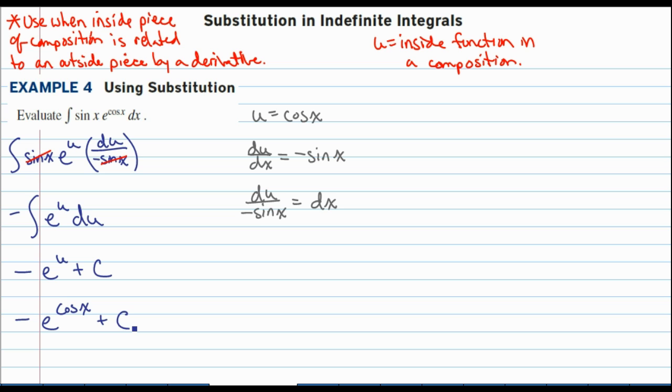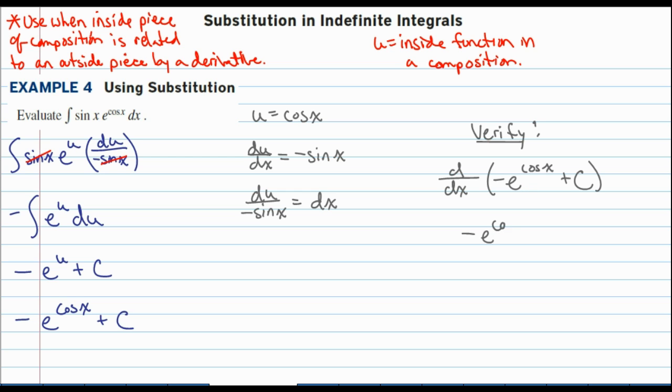Now, a good practice to get into with u substitution is verifying. So off to the side now, I'm going to verify, like we learned in the last example, by taking the derivative with respect to x of negative e to the cosine x plus c. Alright, so the derivative of negative e to the cosine of x, so that's still negative, and that's e to the u.